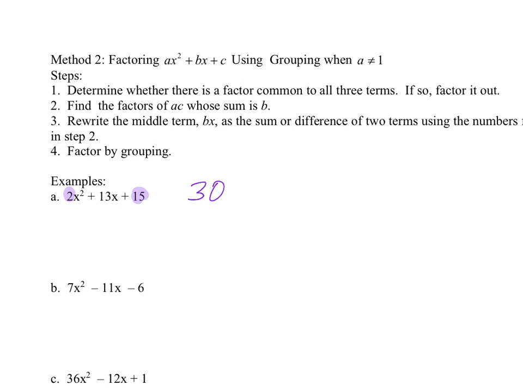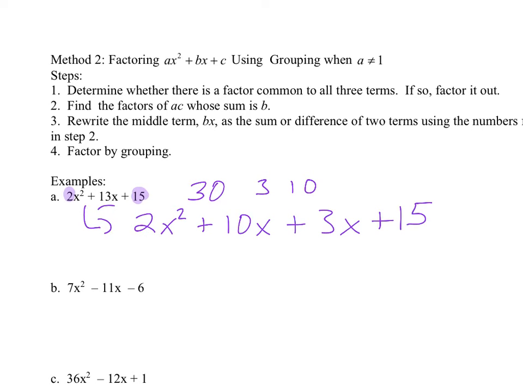Factors of 30 that add to 13 are 3 and 10. So I can now rewrite this original equation as 2x squared plus 10x plus 3x plus 15. See, I've split the 13 into 3 and 10.